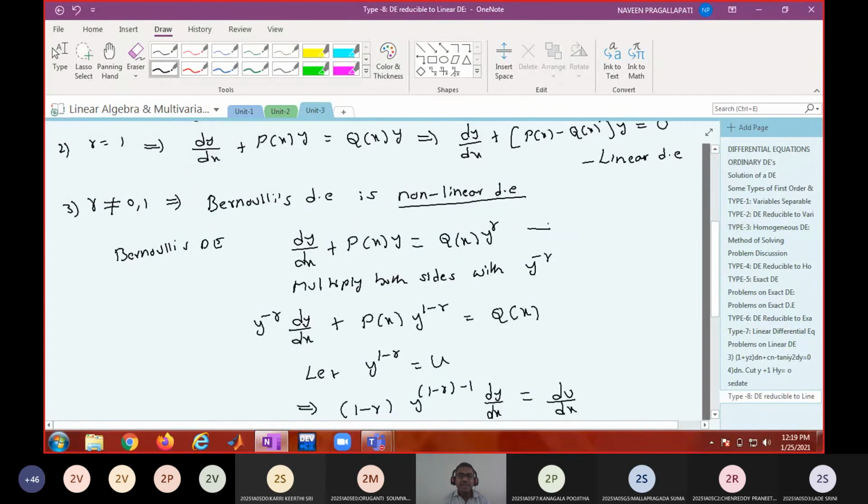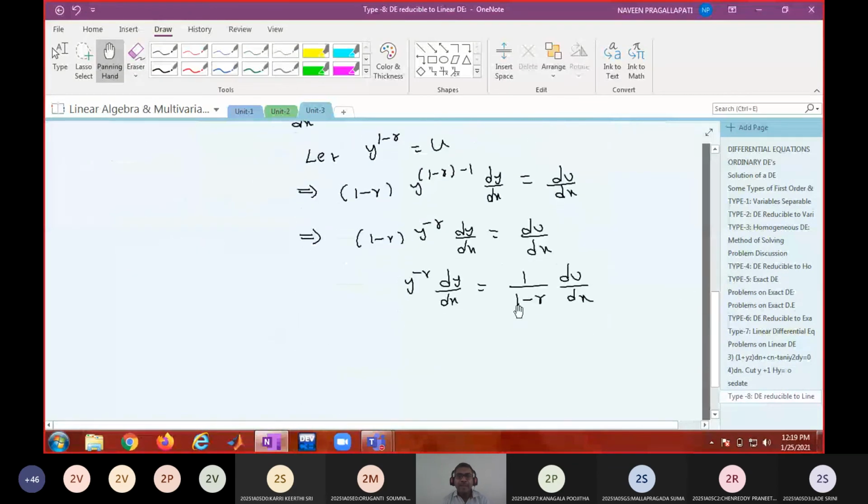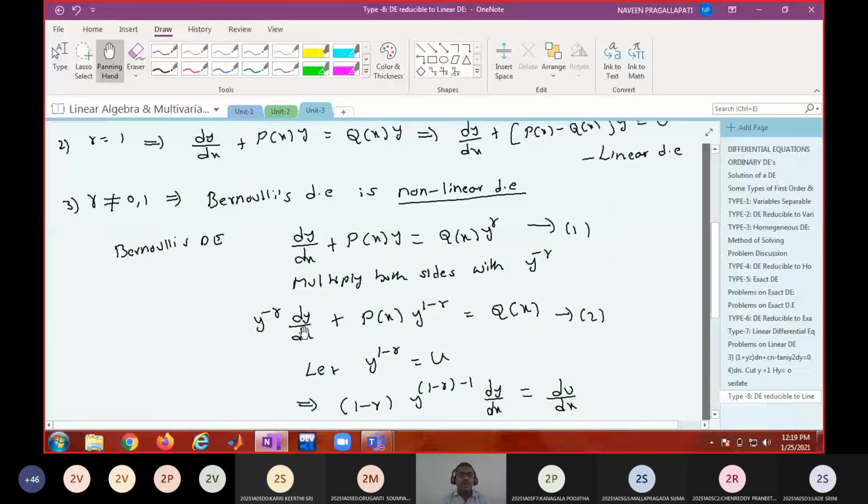Now this is the first differential equation, and from this we got to this form. Now can I replace y power minus r dy by dx with 1 by 1 minus r into du by dx, and y power 1 minus r with u?